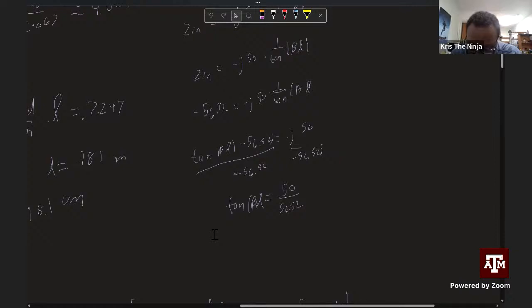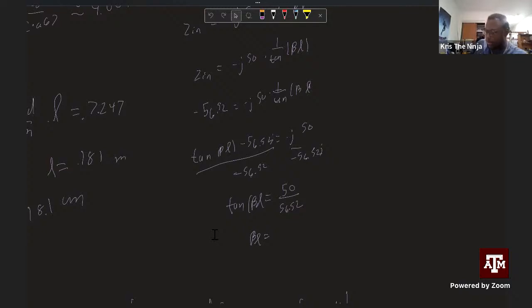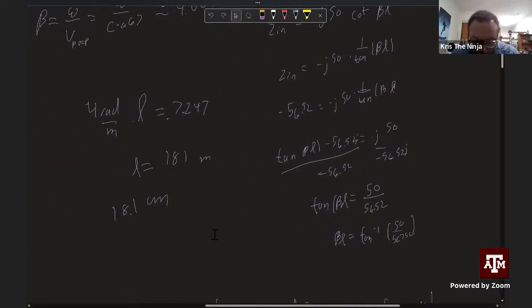So then you do beta L equals, and when you do the inverse tangent of 50 over 56, you end up getting this L value, or this beta L equals 70.7247.